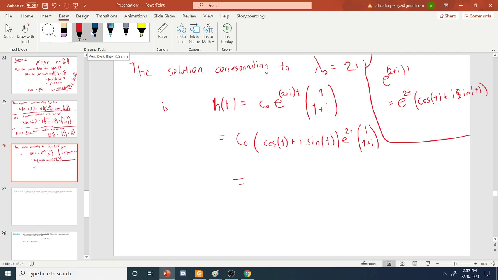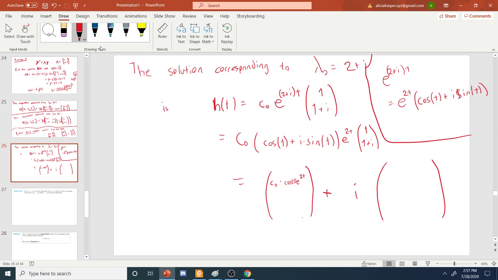And this simplifies. So let's see how it simplifies. Well, I can write it as the sum of two vectors, one real and one imaginary. So in the real vector, I'm going to have c naught times cosine of t times e to the 2t.